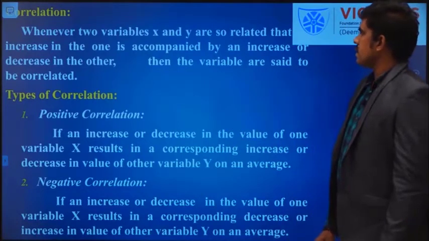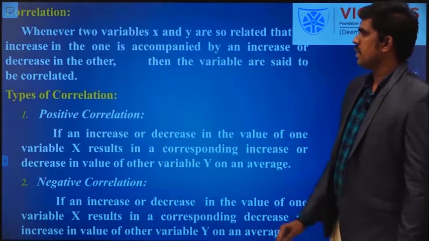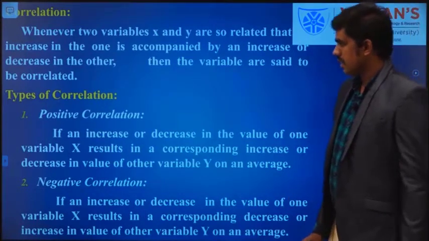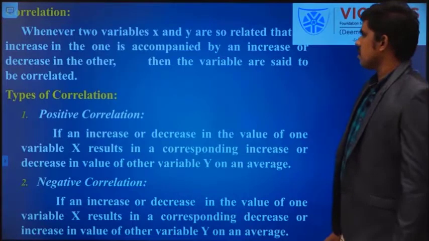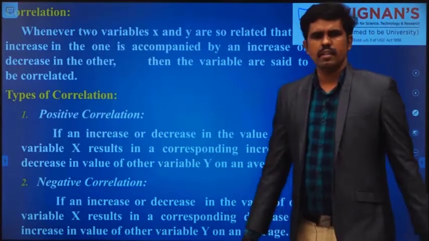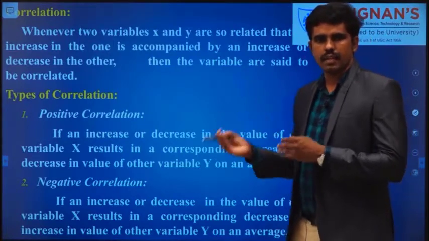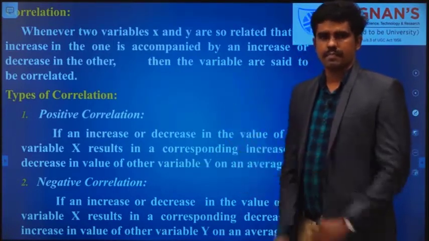Whenever two variables x and y are so related that an increase in one is accompanied by an increase in the other, then the variables are said to be correlated. That is, one variable x is depending on the other variable, which means both are correlated.